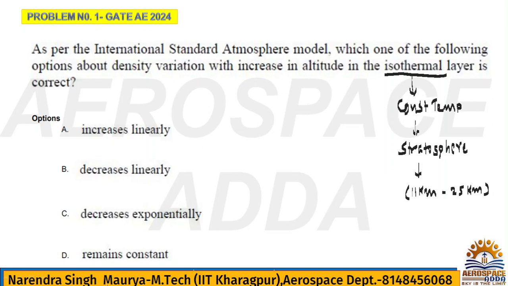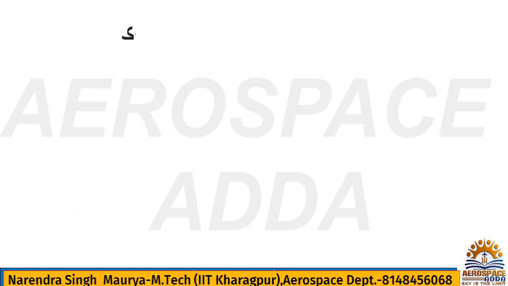As I mentioned, only temperature is constant in the isothermal layer; pressure and density both are varying. So better we write the formula, and then we'll understand whether it is linear variation or exponential.